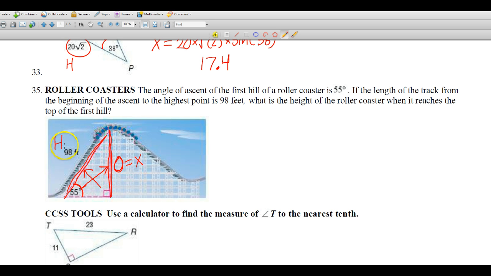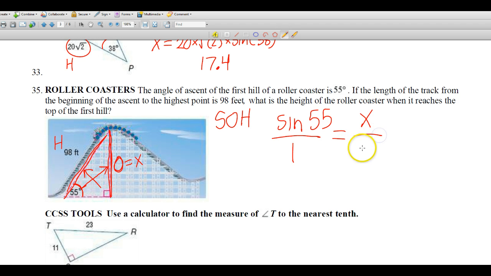From SOHCAHTOA, we have hypotenuse and opposite, so that would be SO, which is sine, which is opposite over hypotenuse. So we set it up this way, the sine of 55, and put that over 1, and set that equal to opposite over hypotenuse.